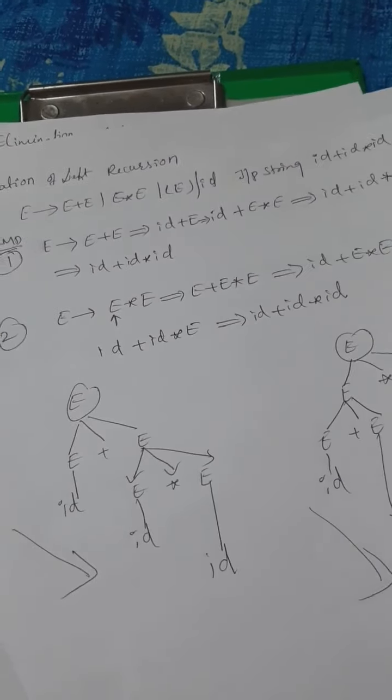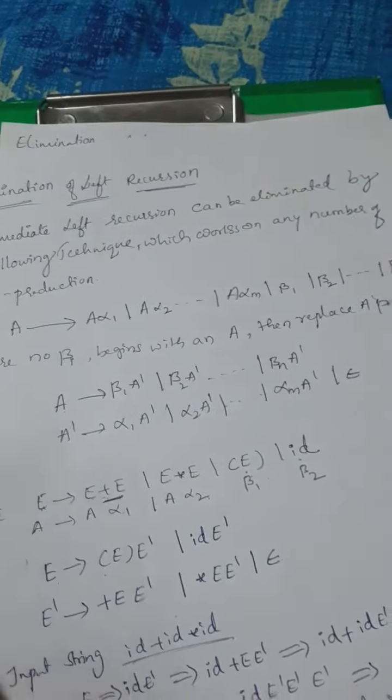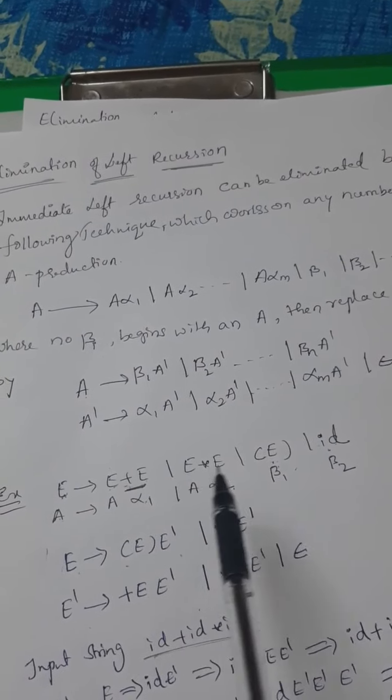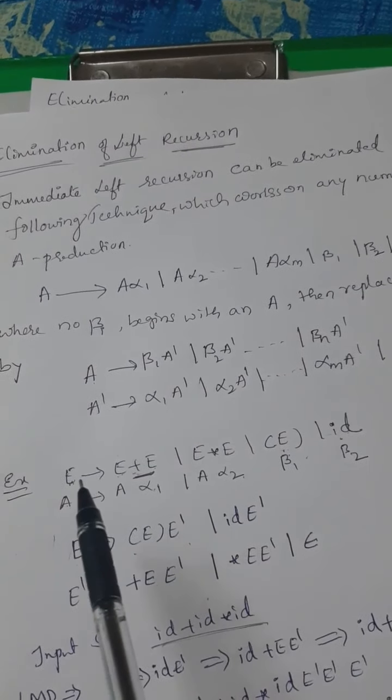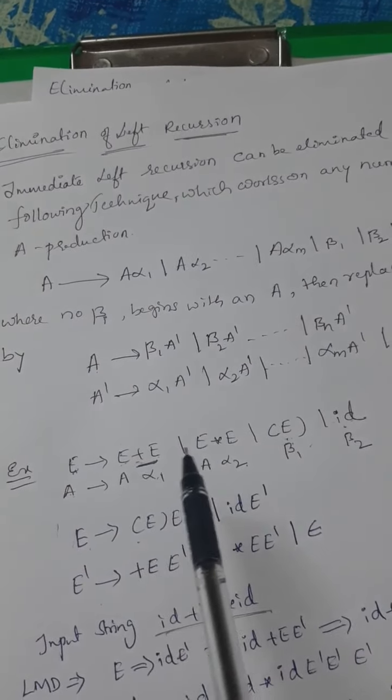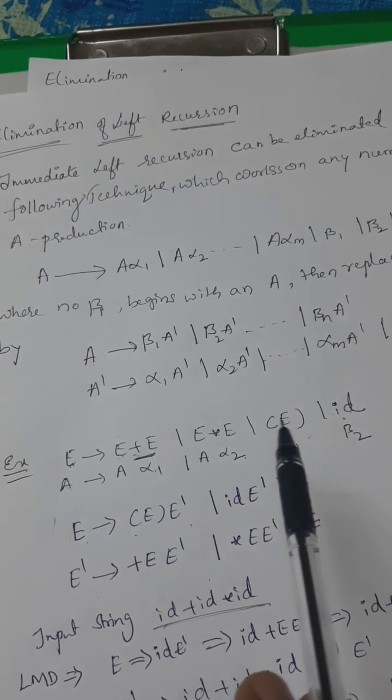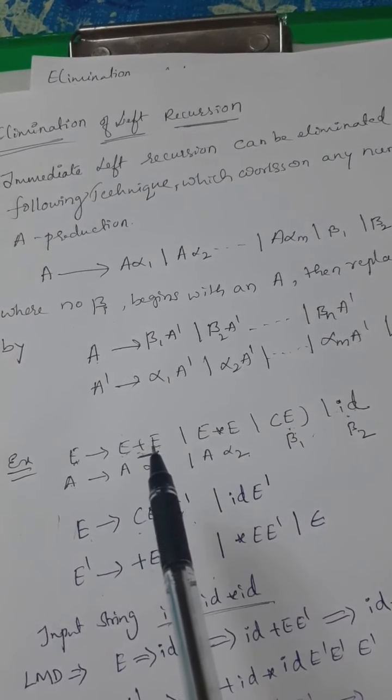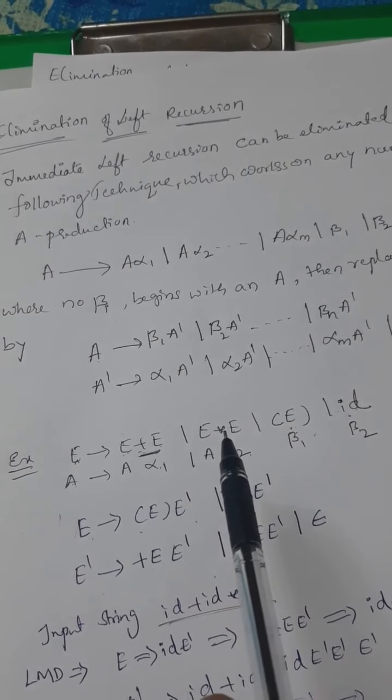So what type of ambiguity does this grammar have? It has left recursion. Here E is a grammar symbol which produces 4 productions. Among these 4 productions, 2 productions have left recursion.